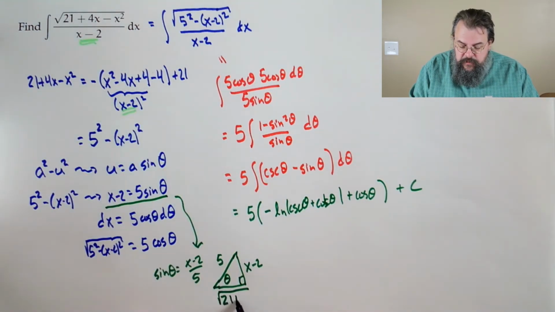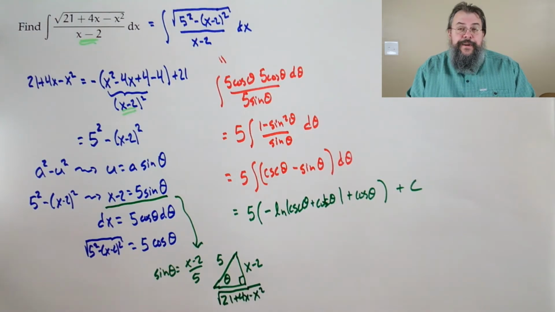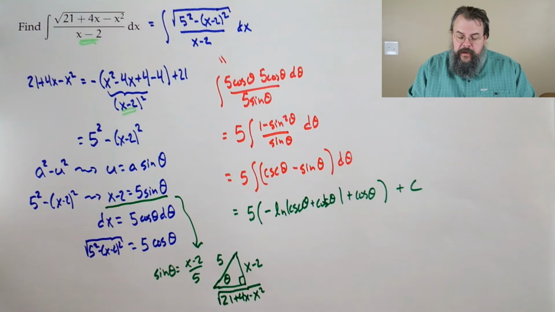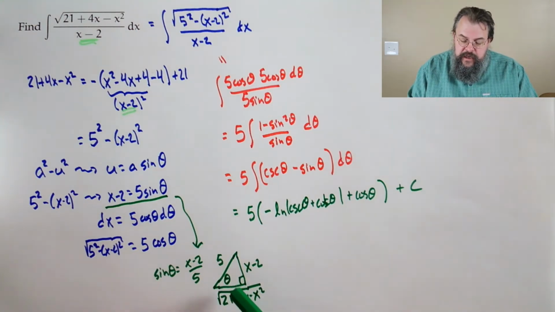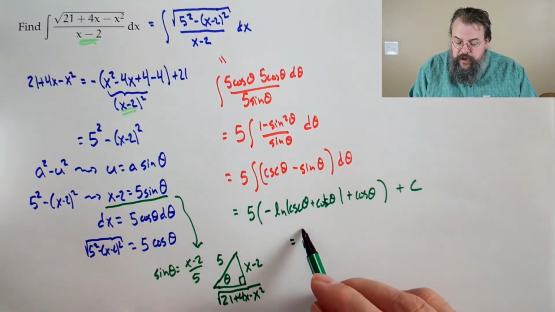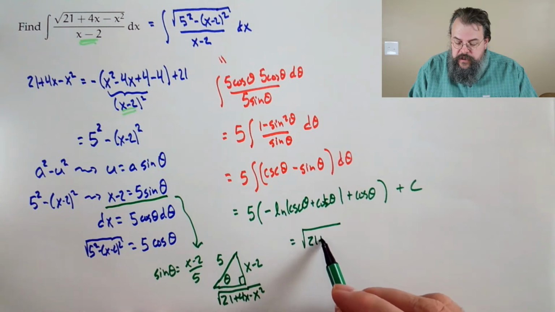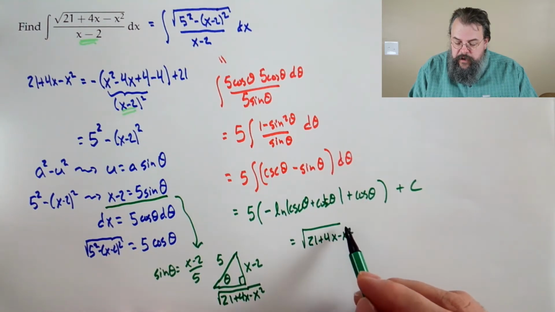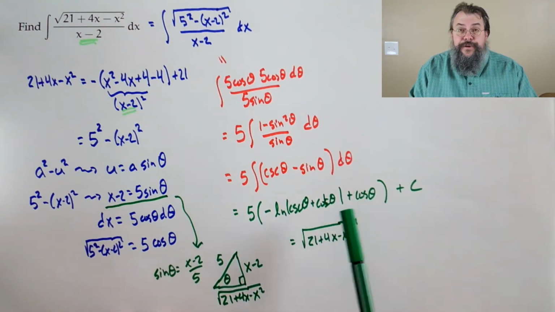That's because we set it up so that that term does show up as part of a triangle. So, cosine would be adjacent over hypotenuse. So it'd be this term, square root of 21 plus 4x minus x squared over 5. But we're timesing that by 5, so that would give us square root of 21 plus 4x minus x squared. Okay, that's our 5 cosine theta.